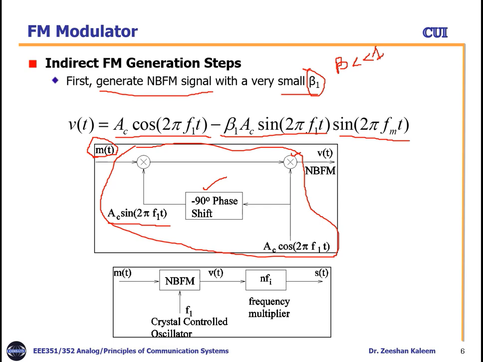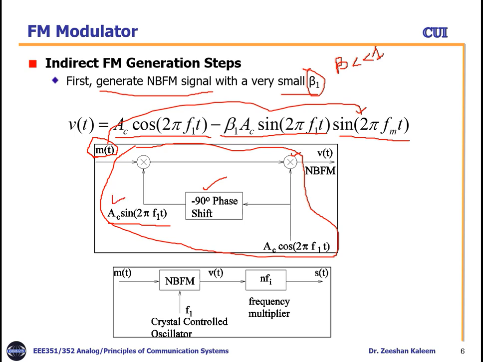Here we have a message signal, so it will multiply with the message signal. For the message signal, we took sine 2 pi fm t. This sine and this sine will multiply, so we have sine 2 pi f1 t times sine 2 pi fm t, and beta is the gain of this amplifier, and Ac is the carrier amplitude.